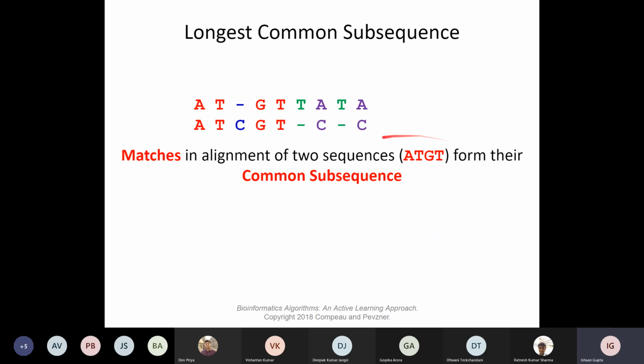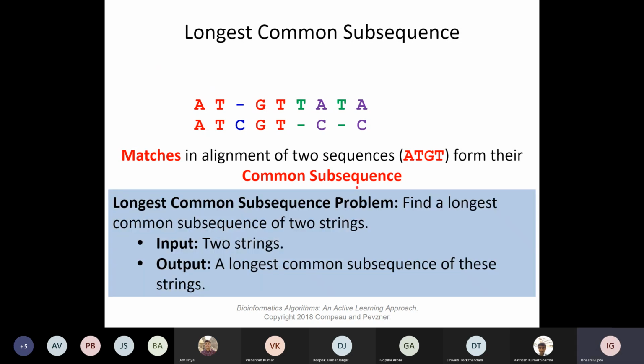So in this alignment, if you talk about matches, ATGT forms the common subsequence. So the longest common subsequence problem essentially is to find the longest common subsequence between two strings. The input is two strings and the output is the longest common subsequence of these strings. All right. So this is the formalization of the problem.